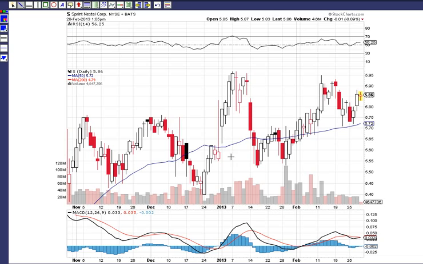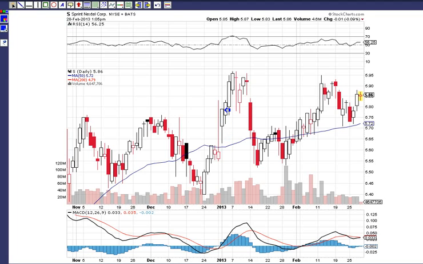And to briefly describe things, there's a little arrow here. This is the low of the day. That's the lowest price that the stock hit that day.